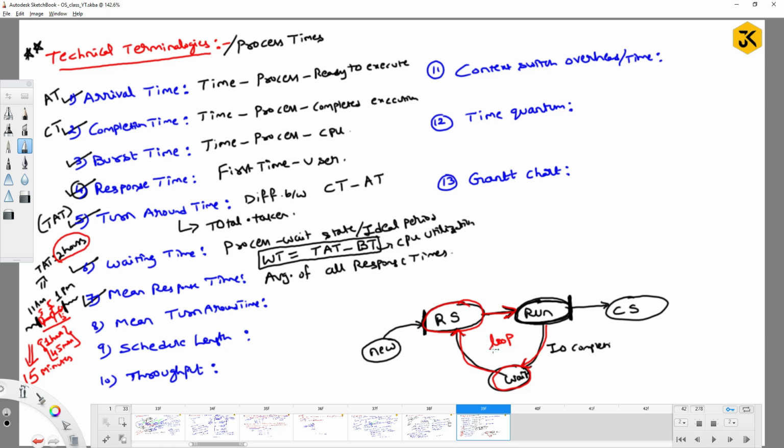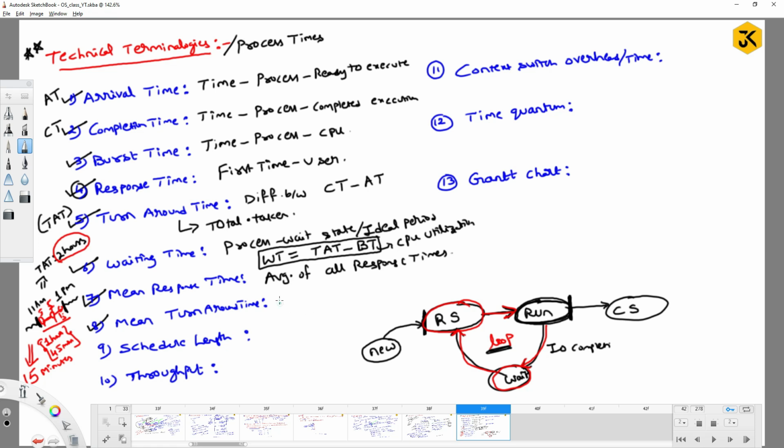Like that, there might be various loops, meaning the CPU is allocated and comes out, again allocated and comes out. All the response times it got, if you take the average, comes under mean response time. Similarly, mean turnaround time: for a particular process, turnaround time is considered as one thing. And if you want to calculate the average of all the process turnaround times, that comes under mean turnaround time.